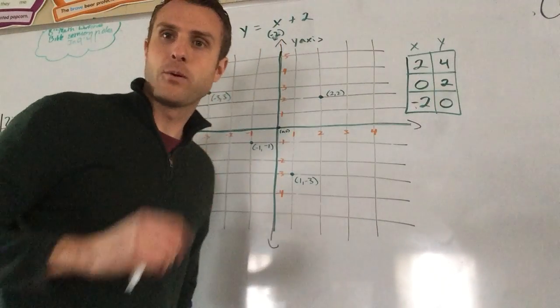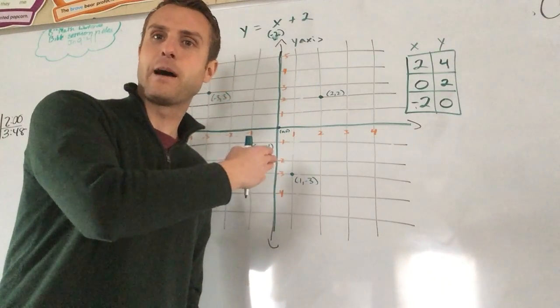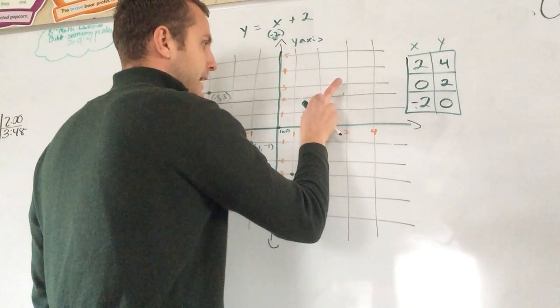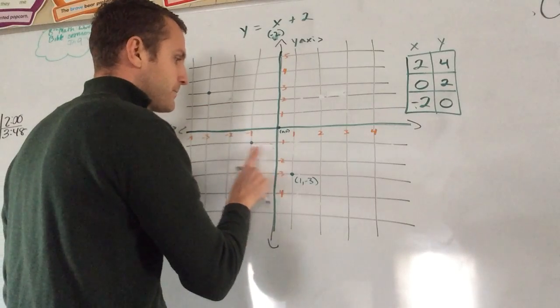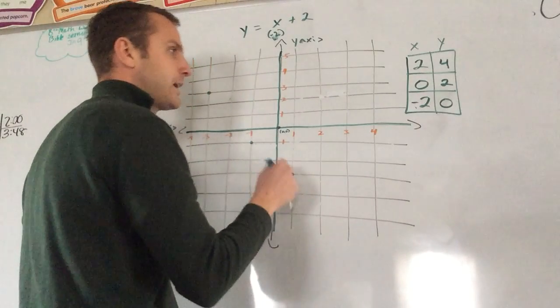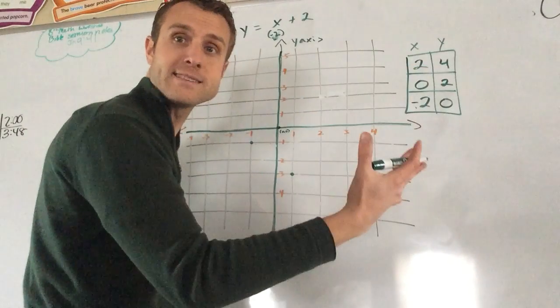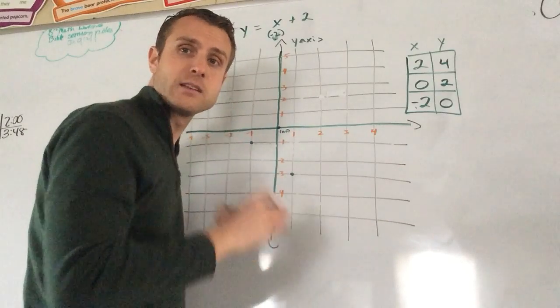Now I have 3 points. Now I have to plot those 3 ordered pairs on my graph. So I'm going to get rid of the ones I've already done so we don't get confused. And I'm going to plot these 3. So 2, 4, remember, x, right or left. The first number is always right or left. If it's positive, I go right.